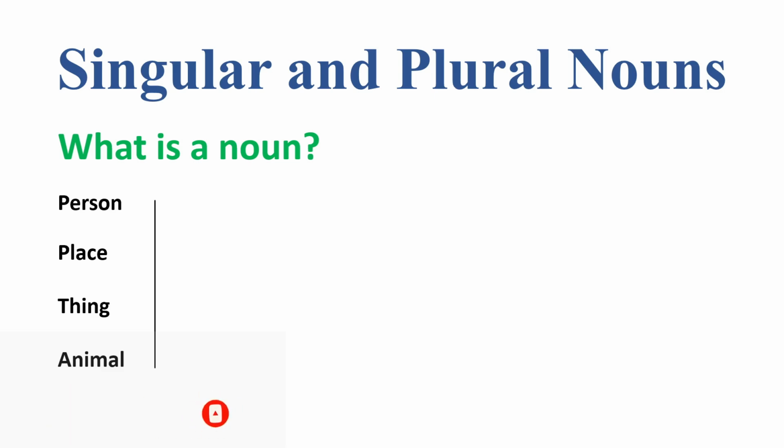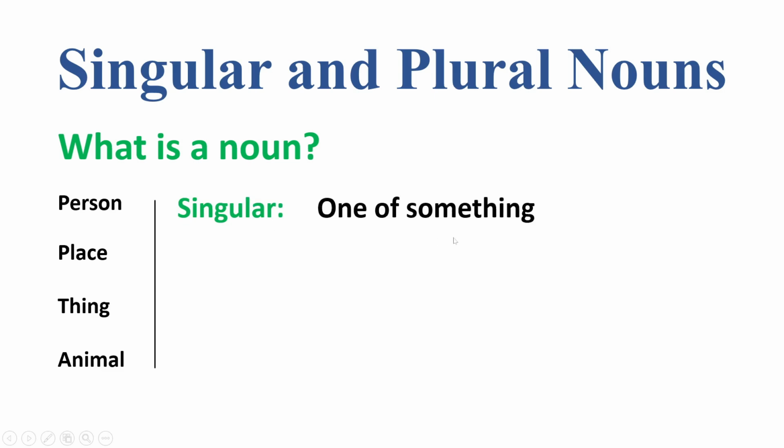Now that we have understood the countable and uncountable nouns, let's see what a singular noun is and what a plural noun is. The word singular means one of something. Like this example, this is singular because there is one.